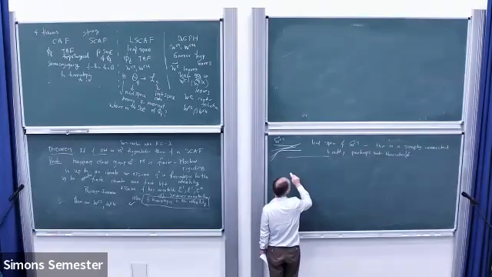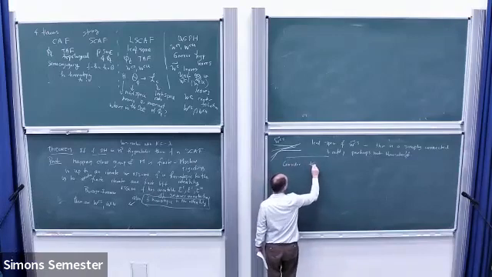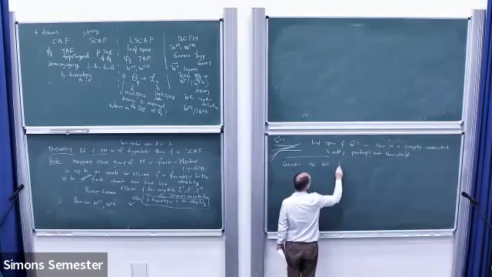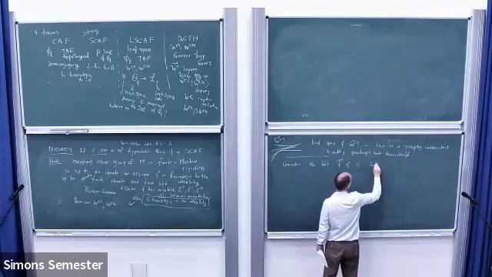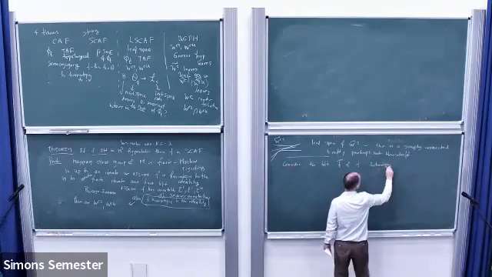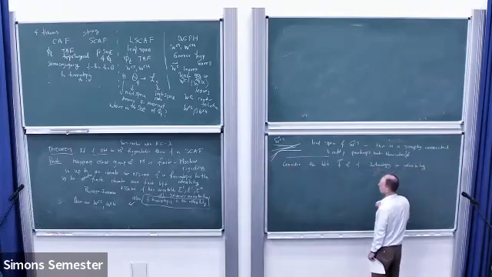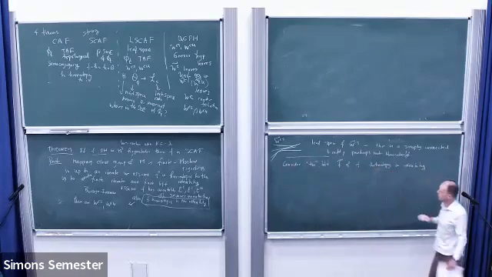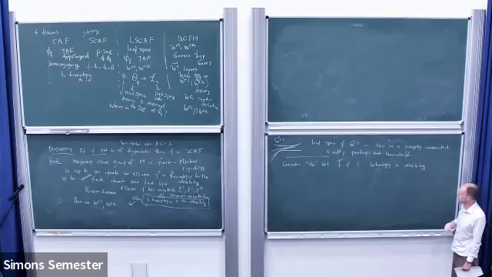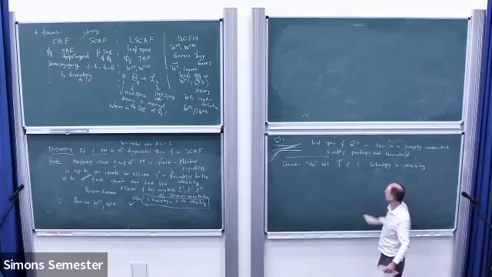Okay, so what are we going to do now? Consider the lift F tilde of F which is homotopic to the identity. Since I'm talking a little more generally, it's always unique except in the case of Seifert fibers, where you may have more than one.